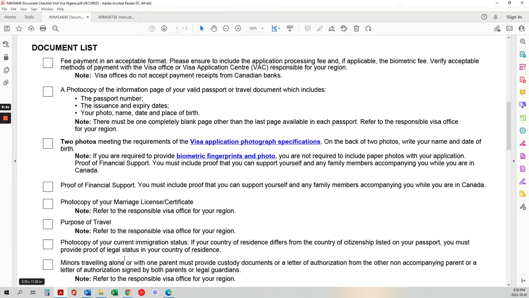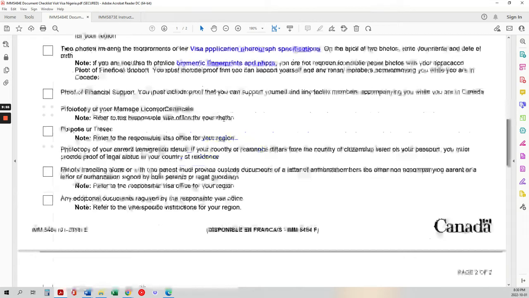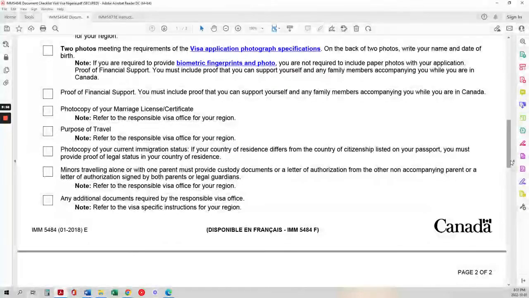Minors traveling alone or with one adult must provide custody documents, or a letter of authorization from the other non-accompanying parent, or a letter of authorization signed by both parents or legal guardians. This is very, very important when you are a single parent going with a minor child.